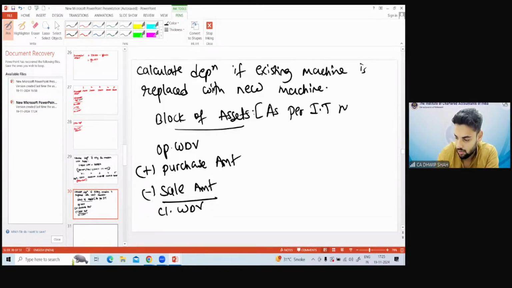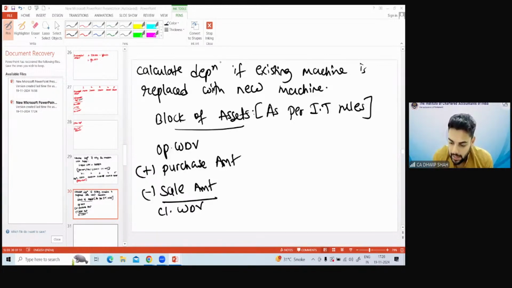As per IT rules, this is a little complicated part. Please listen very carefully. What is block of asset? You take opening WDV of assets under that block. You add any new machine which is added in that block, and you subtract the machine which is deleted from that block.